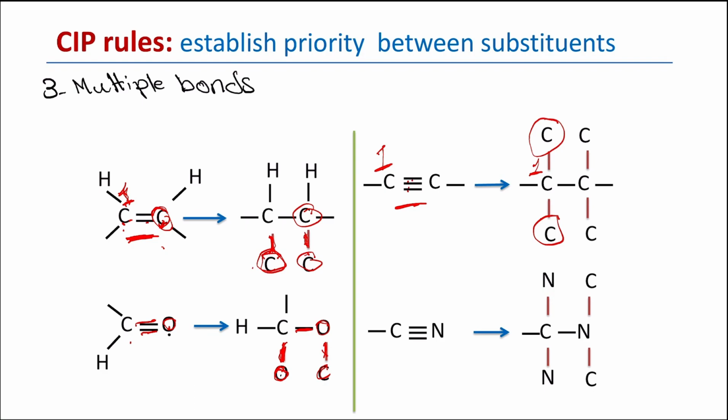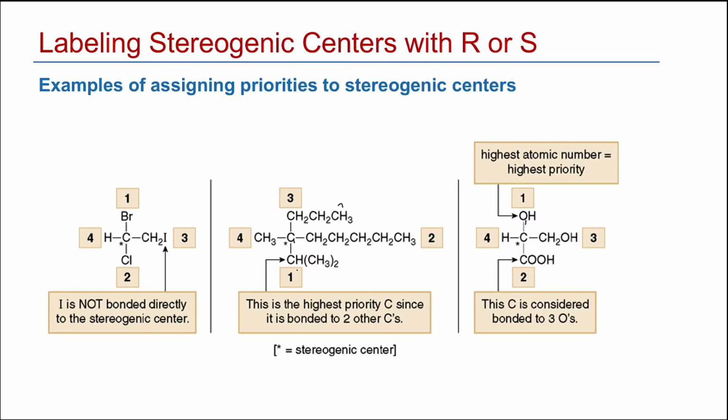So each bond we will split as if it's a single bond with an extra atom. And the second carbon here is also attached to two extra carbons. Same applies to a carbon with a triple bond to nitrogen. So the carbon as if it has two extra nitrogens, and the nitrogen as if it has two extra carbons. So this is how we give priorities to our groups.